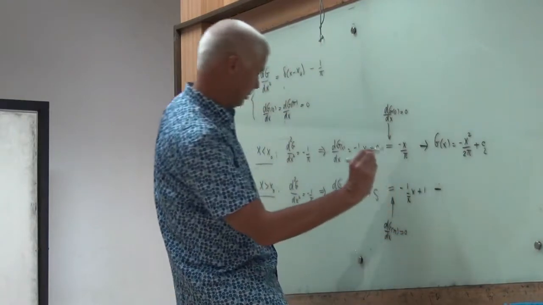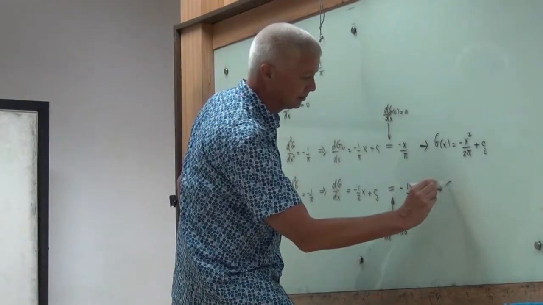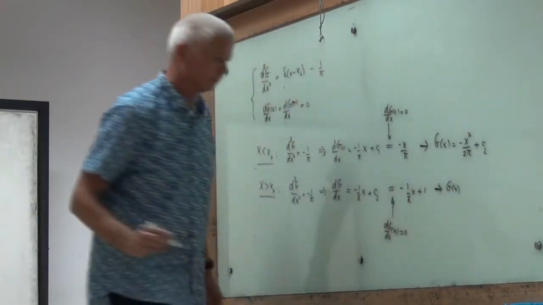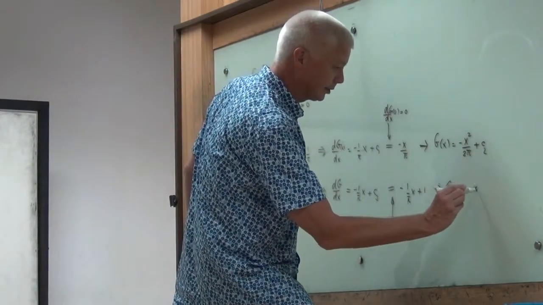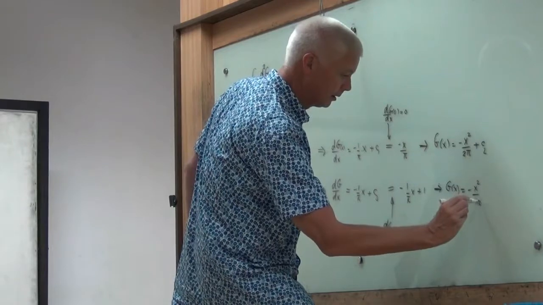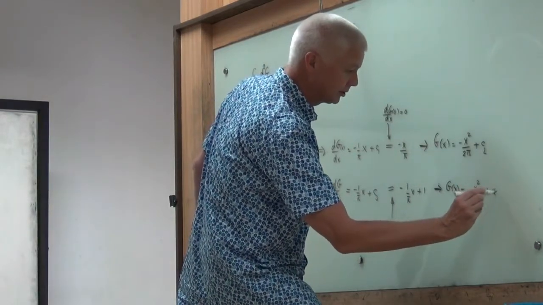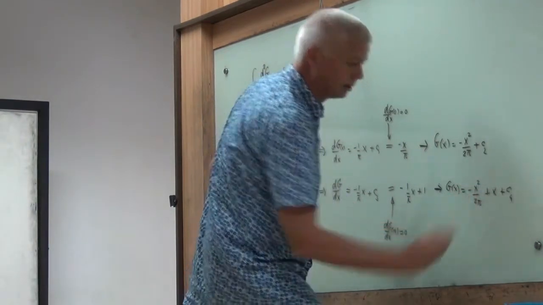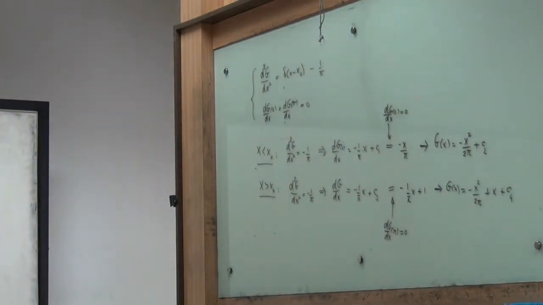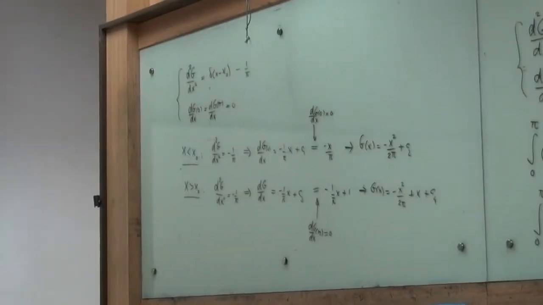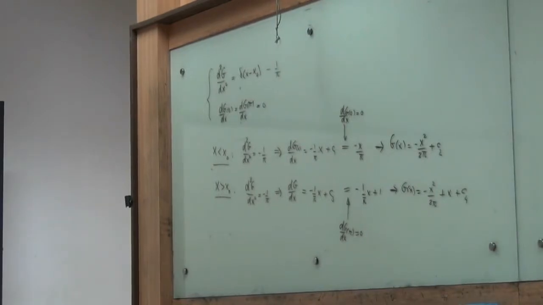And that also gives me then that g(x) is equal to minus x squared over 2 pi plus x plus c4. Now I have two conditions.